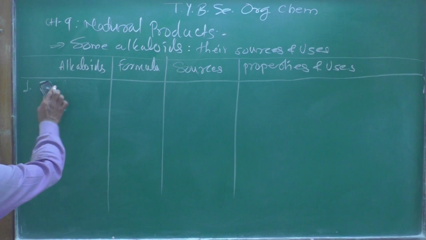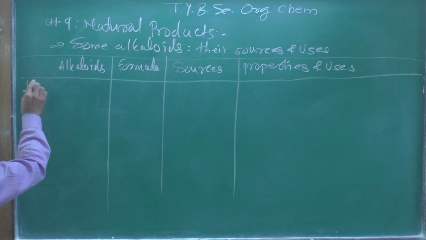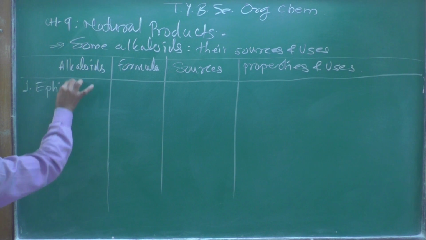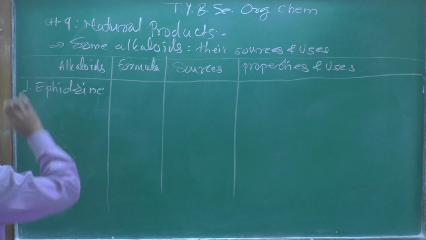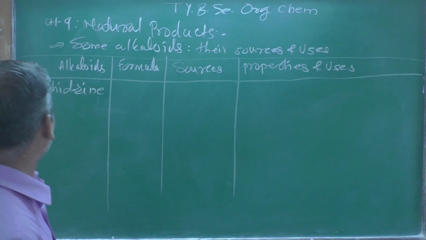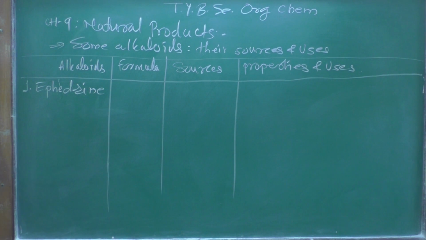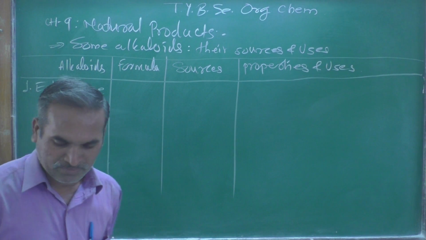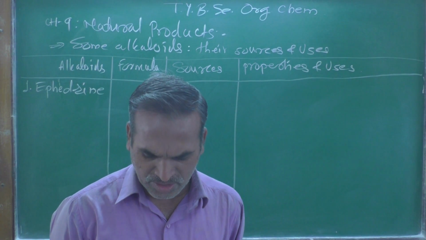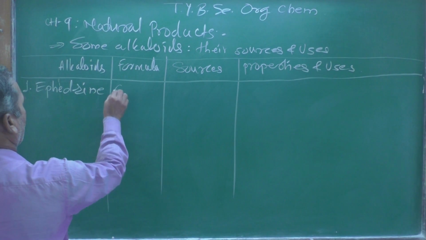Let me clear the spelling: it is Ephedrine, not I, there must be an E. That is the name of the alkaloid, and it has the molecular formula C10H15NO.